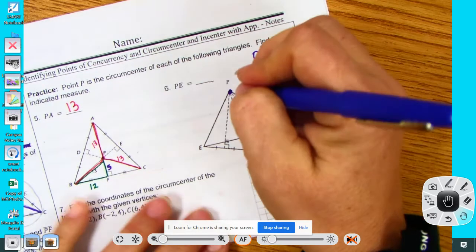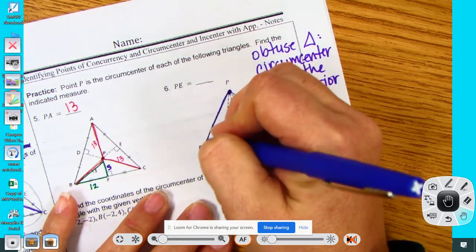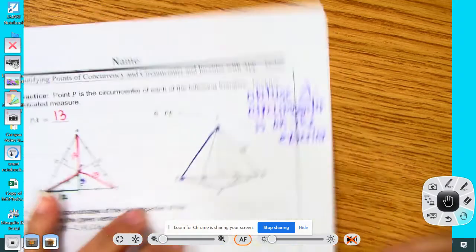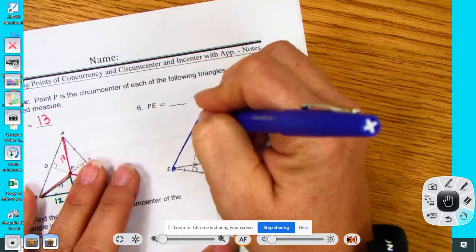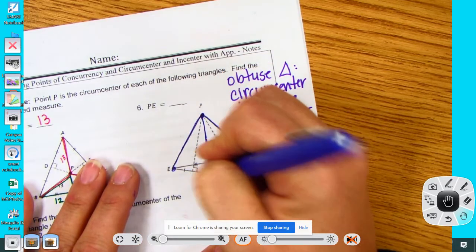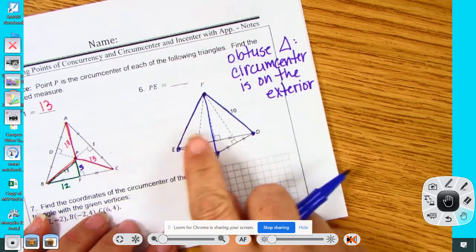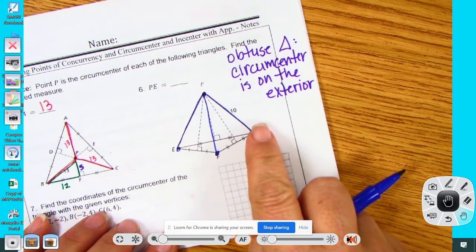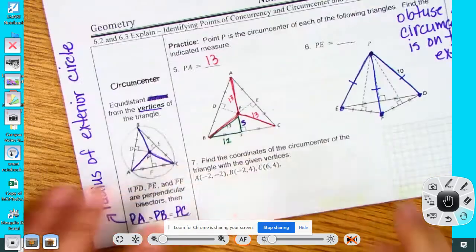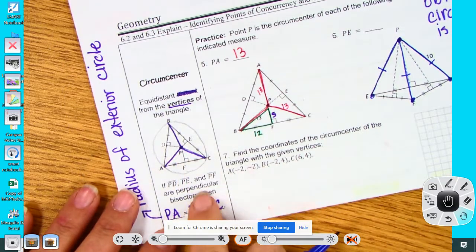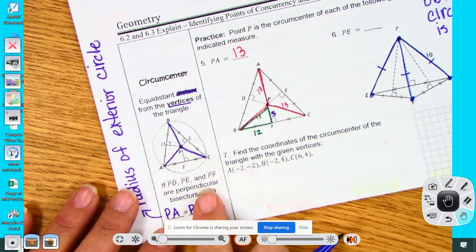So if PE is this, that's going to one vertex. PD goes to the other vertex. And PE goes to the third vertex. So what do I know about these three segments? They're all congruent, guys. It doesn't matter if it's on the outside or the inside. The rule is the same, okay?